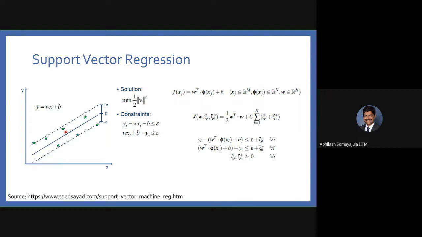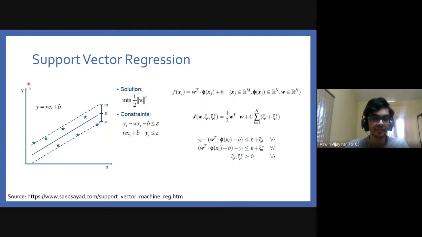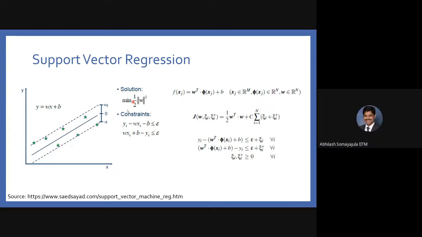Now you want to find a line. In the 2D case, it would be a line like this. In a higher dimensional case, it will be a plane or what we call a hyperplane, which will separate these points. If anything lies above that plane, it's classified one way. If anything lies below that, it's classified the other way.